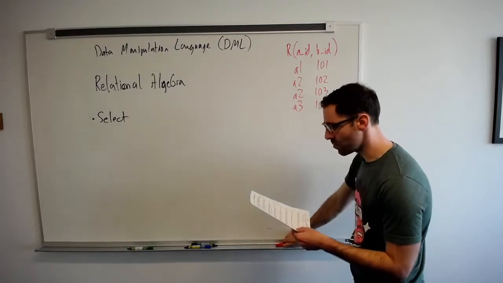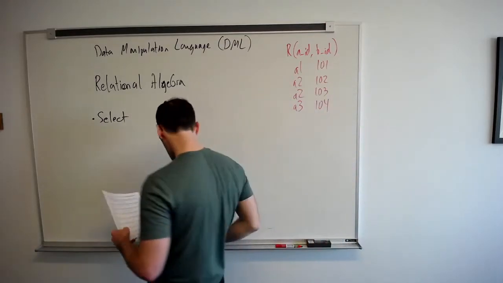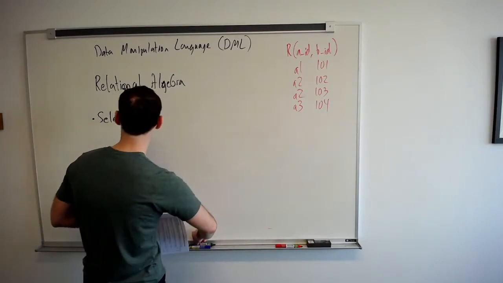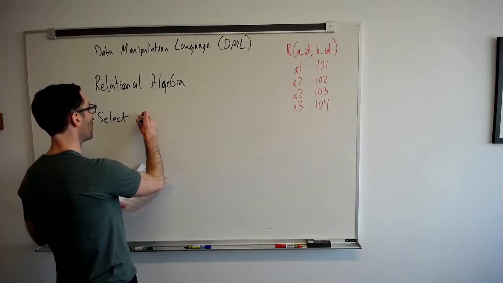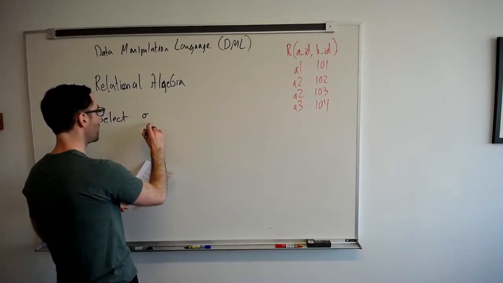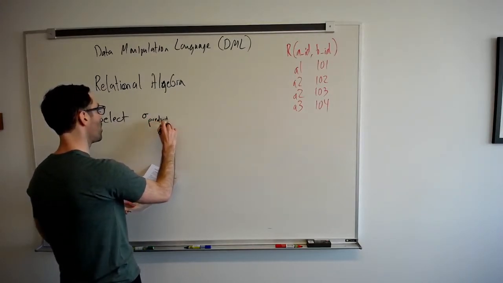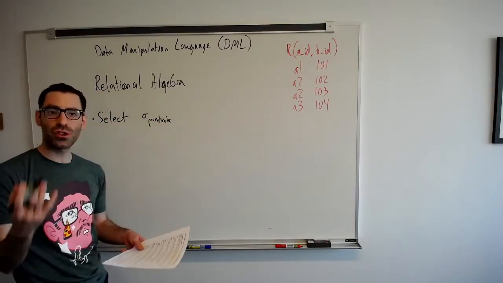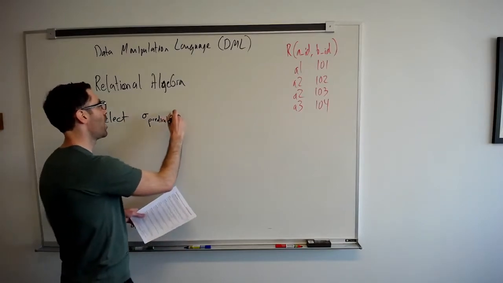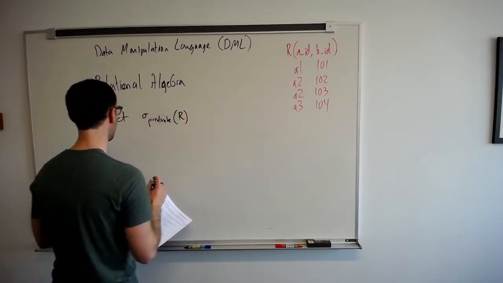So there's 4 tuples in here. And our select operator is going to be of the form sigma, and then it's going to have some predicate, which just means an expression that's true or false, and it's going to be applied to some relation.